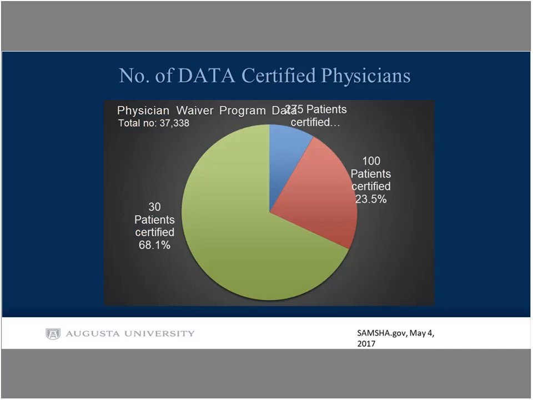This is the number of certified physicians in the U.S. Right now there are 37,000 physicians who have been certified and are allowed to prescribe buprenorphine. What you can see is that most of them are still at the 30-patient limit, so they really haven't advanced beyond it. Only a small percentage have been certified for the 275-patient limit.